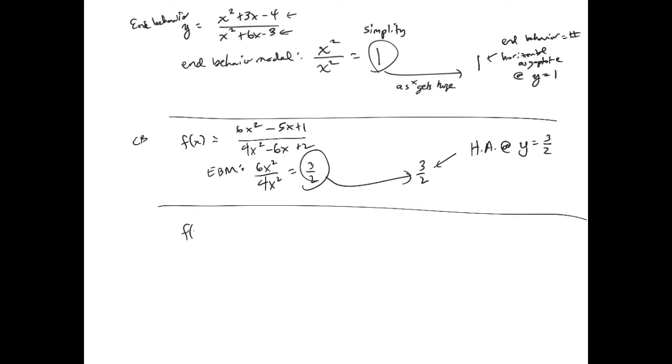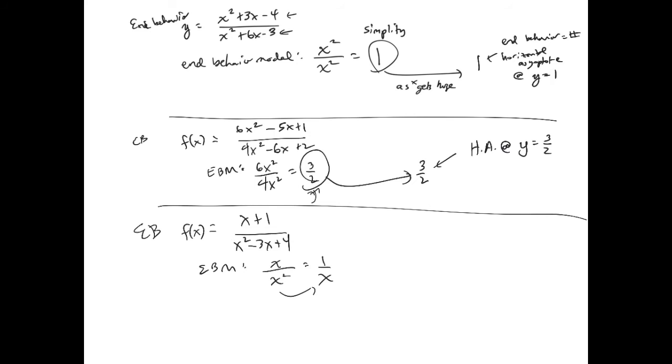Now, it doesn't always simplify down to being just a plain number when you simplify the end behavior model. Sometimes you can get something that looks like this. If I'm trying to find my end behavior, I build my end behavior model. And that would give me x over x squared.